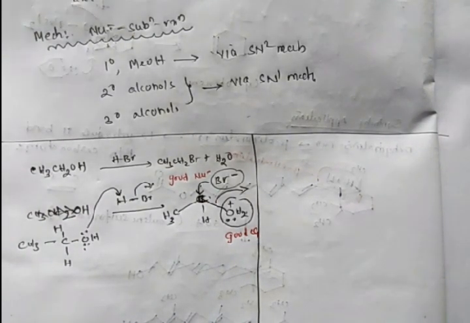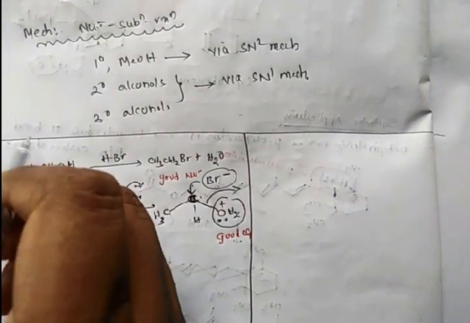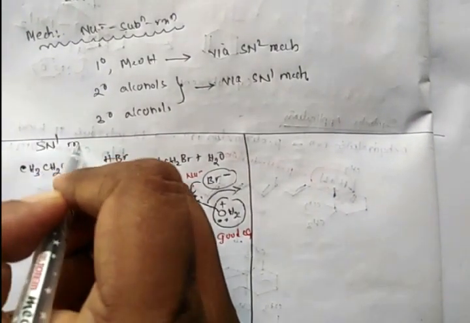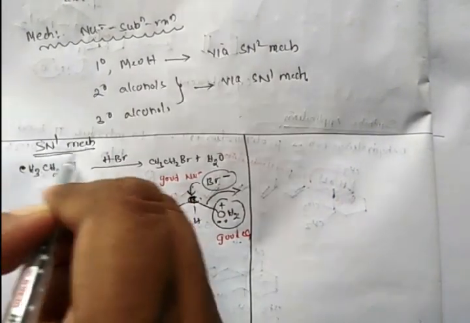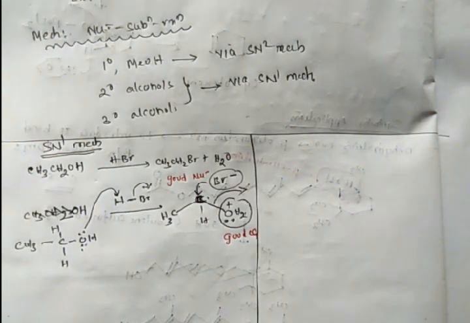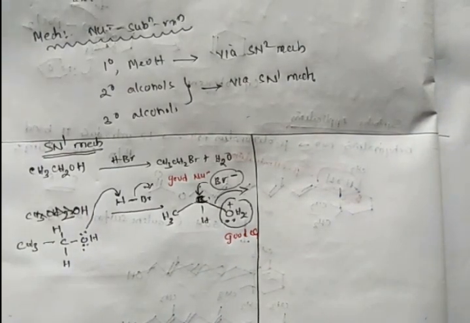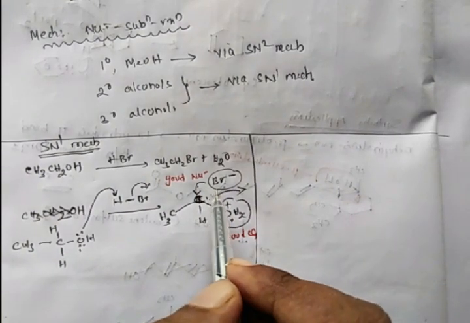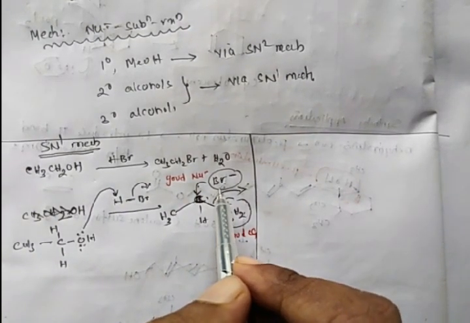That's why it is called the SN2 mechanism. In this mechanism, both the attack of the nucleophile and the leaving of the leaving group occur simultaneously.